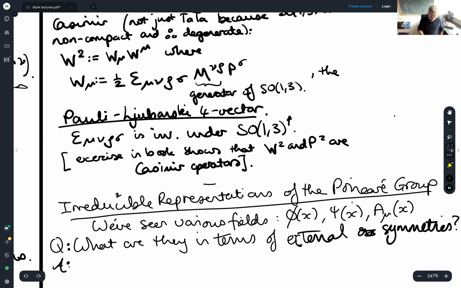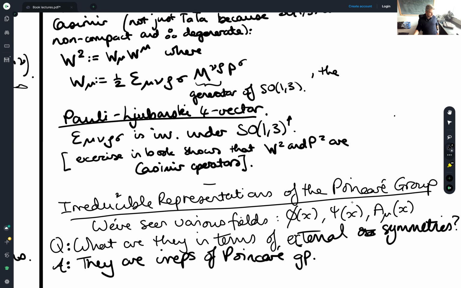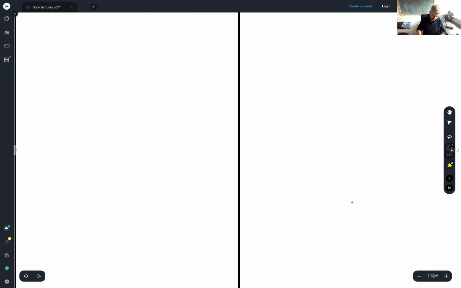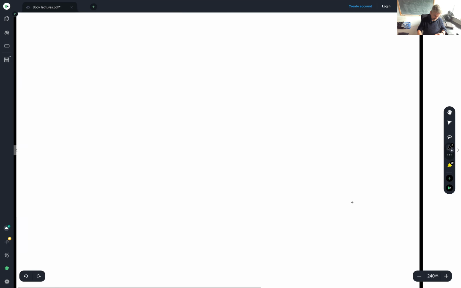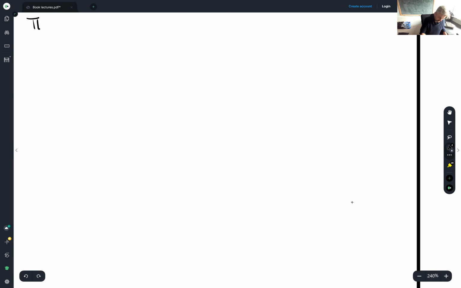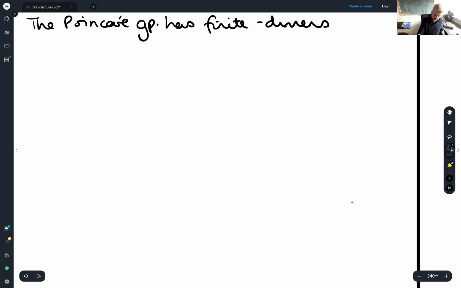And the answer, as we've been saying a few times, is that they are irreps of the Poincare group. Normally one looks for finite dimensional representations of groups, and the Poincare group does have finite dimensional representations.